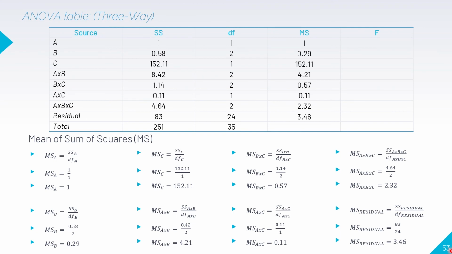Next, finding the mean of sum of squares, or the MS. We just need to divide our SS by its df.